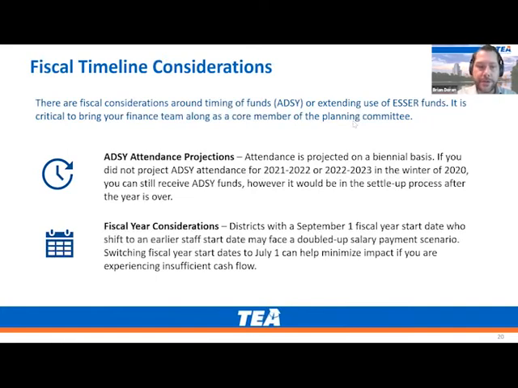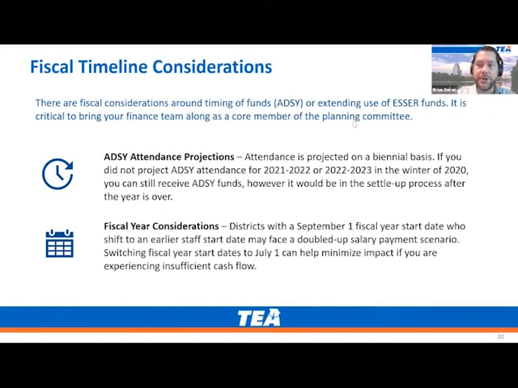Additionally, there are some fiscal year considerations. So we have seen some districts who switch to an earlier calendar start date, and then are concerned about needing to basically double pay teachers over the course of July and August. So if their fiscal year ends August 31st, they're paying for the previous school year on an annualized schedule, and they're paying those teachers out through July and August.